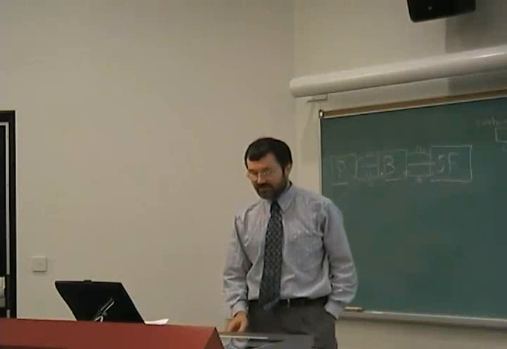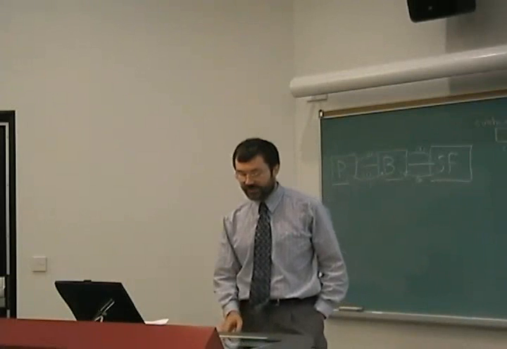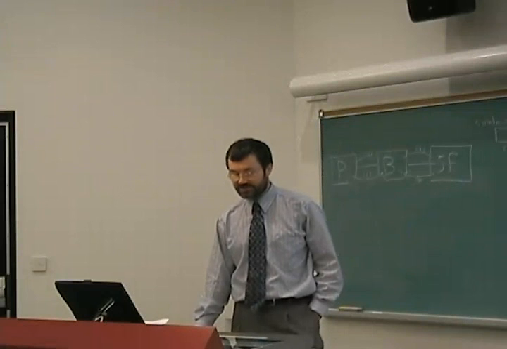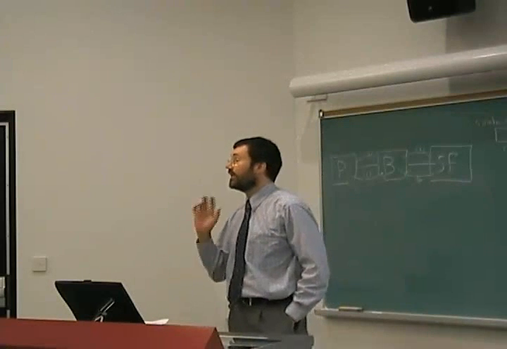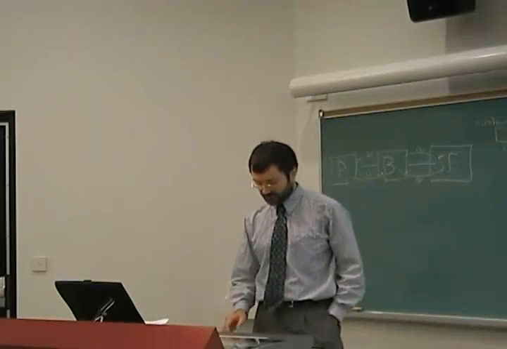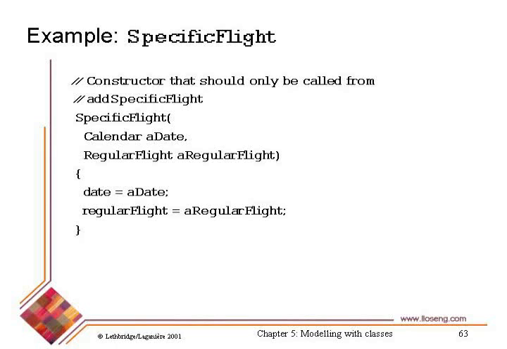All right. So those are the declarations of our instance variables that are going to be used to capture the attributes and the associations. Date is an attribute. Regular flight, destination, airplane, flight log are associations. Implementation, all of them as instance variables. So crew members and bookings are also associations. We have a constructor. This constructor is going to take a date and a regular flight.